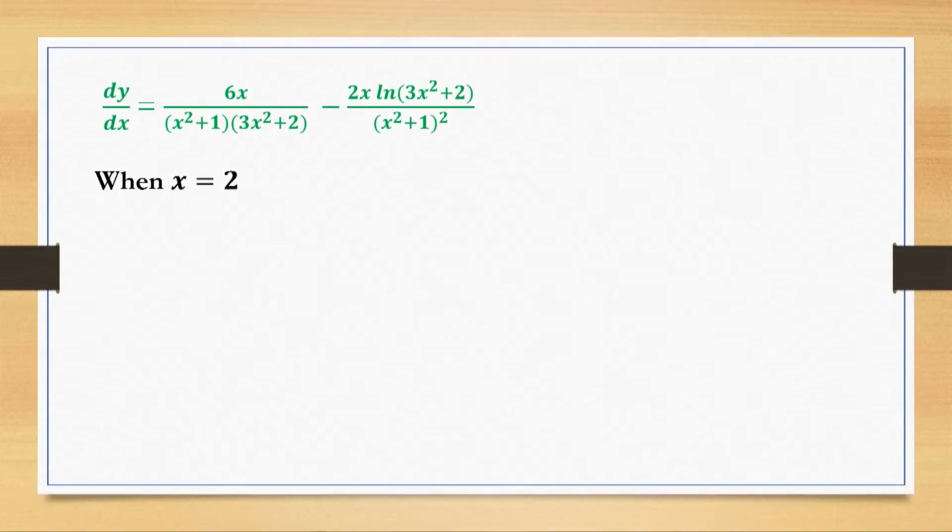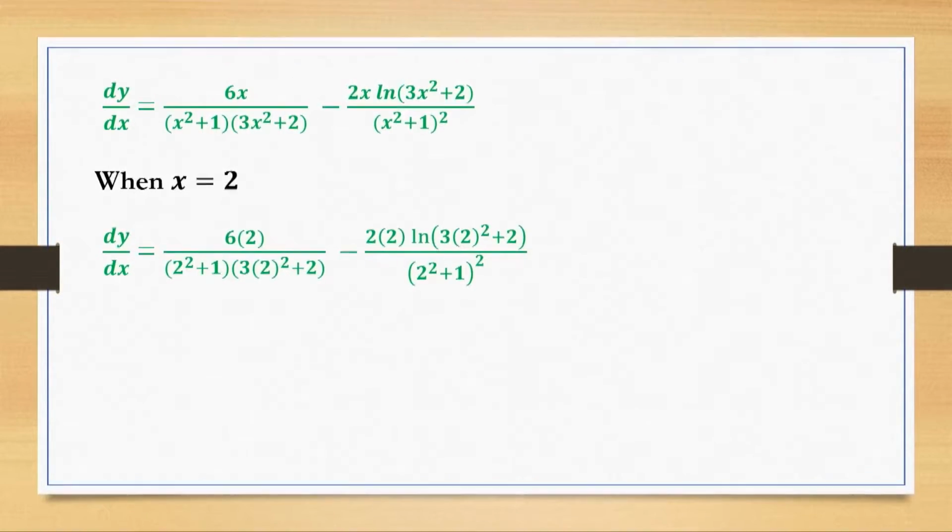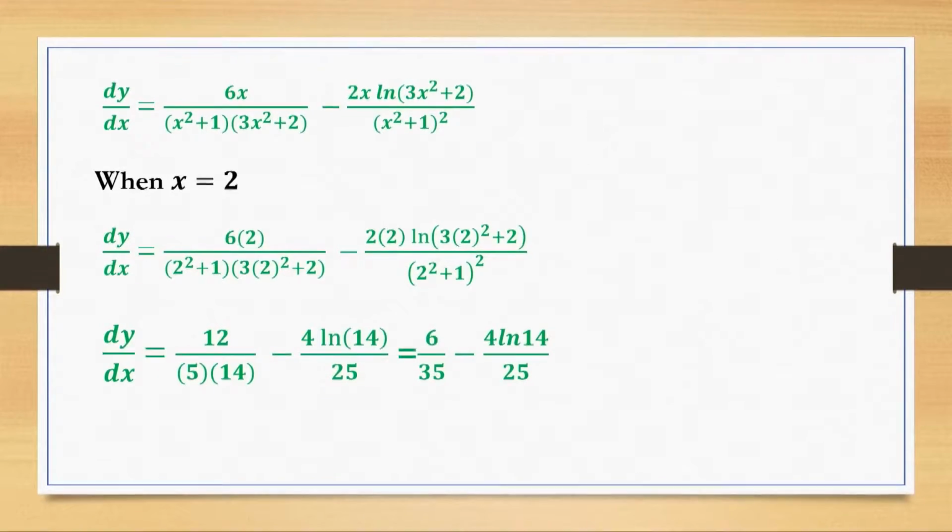So replacing x equal to 2 in the above expression, I will obtain 6 over 35 minus 4 ln 14 over 25. So what I have done, I replace the x in the given expression by 2.